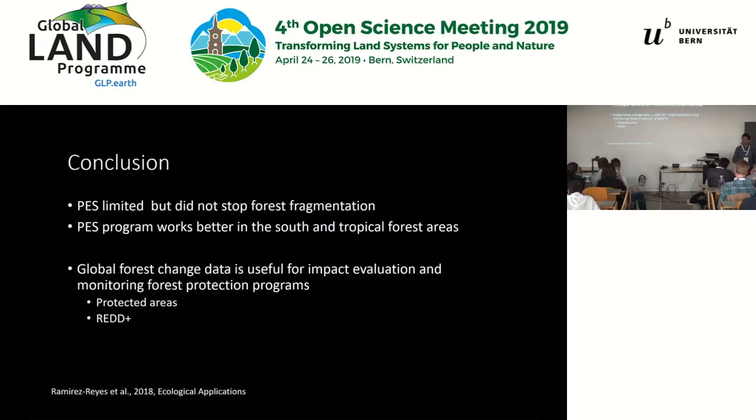So if we have those resources and they are not making much impact in the north, let's transfer those to the south. And we are happy that easy-to-obtain global forest change data is globally available and can be useful to monitor different forest protection incentives and actually measure their impact on the ground.